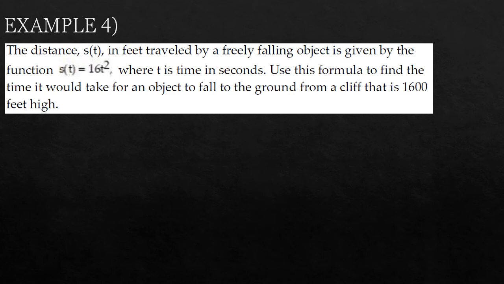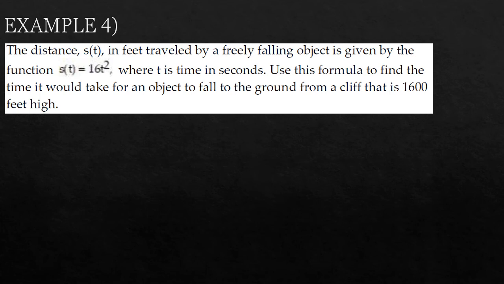Okay, so here we have the distance s of t in feet traveled by a freely falling object is given by the function s of t equals 16t squared, where t is time in seconds. Use the formula to find the time it would take for an object to fall to the ground from a cliff that is 1,600 feet high.